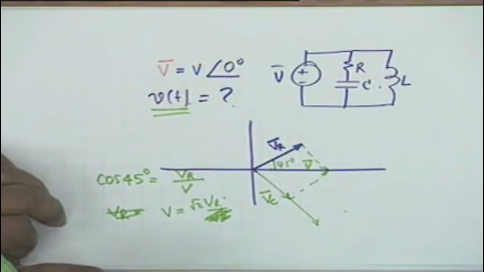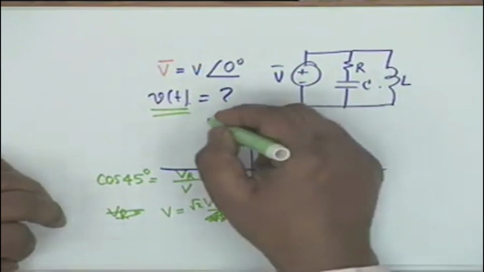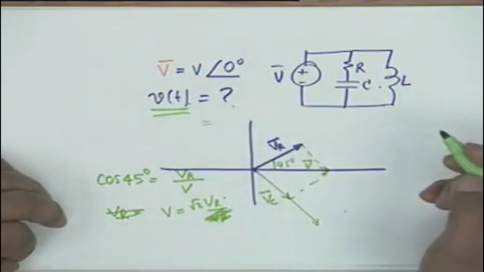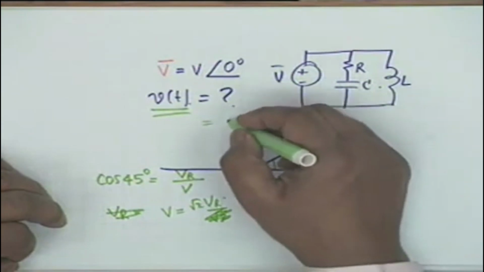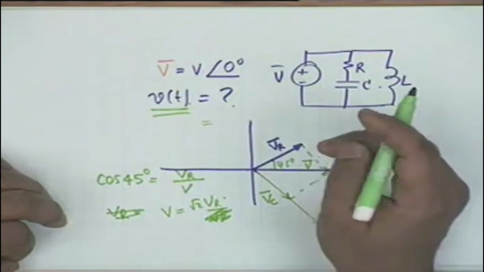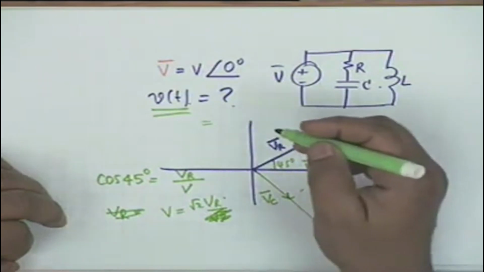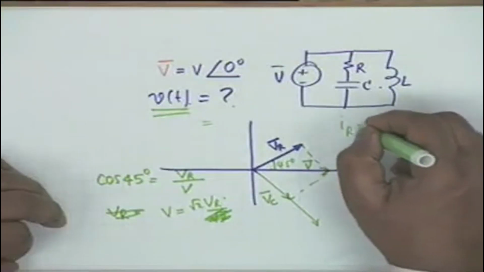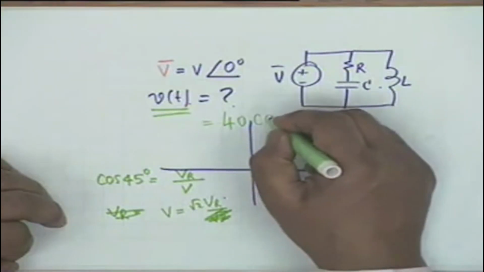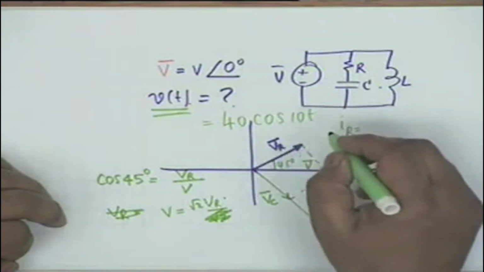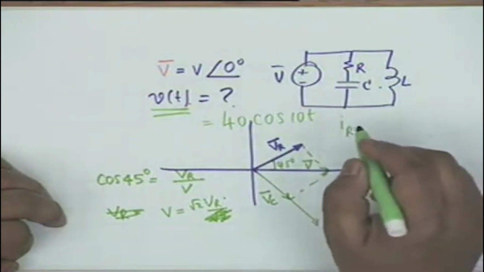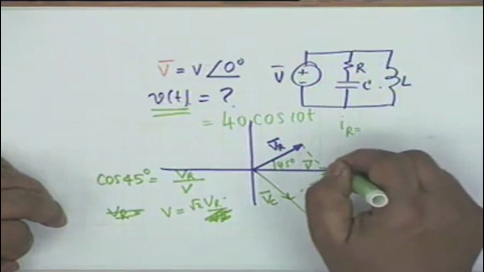And therefore, what is vt then? Come on. 40 cosine 10t. That's all, because the angle is 0. Why did this come?